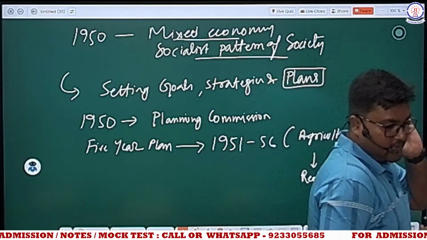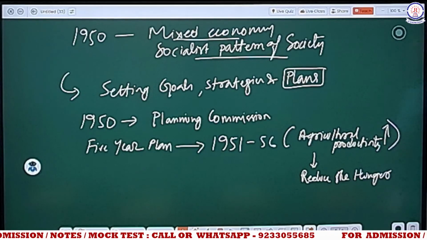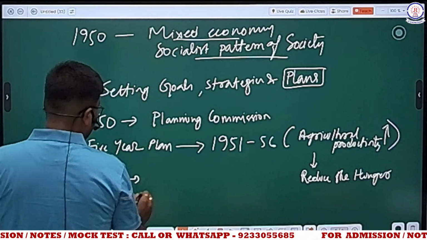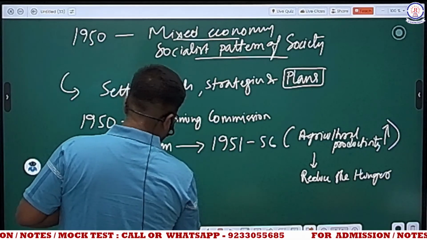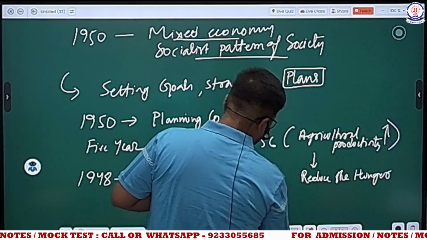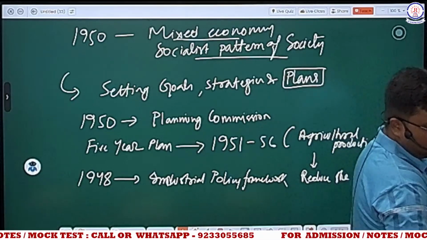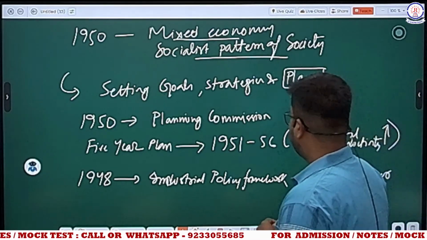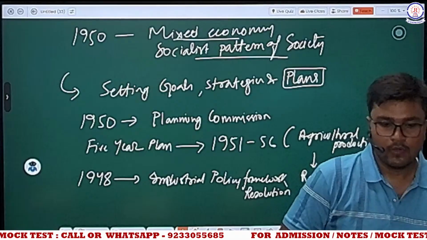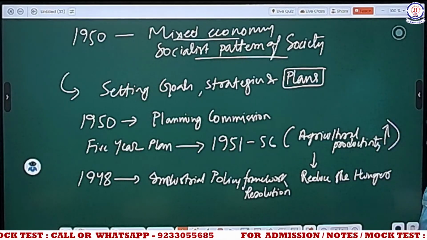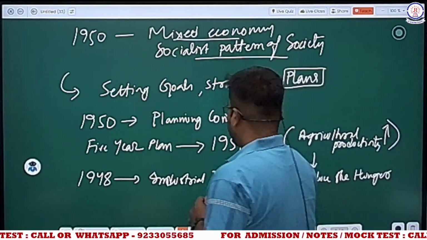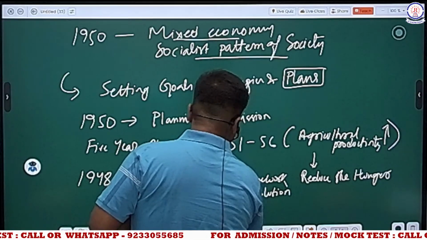Now, during that time, in 1948, the industrial policy resolution was passed by the Constituent Assembly, and again it was passed in 1956.